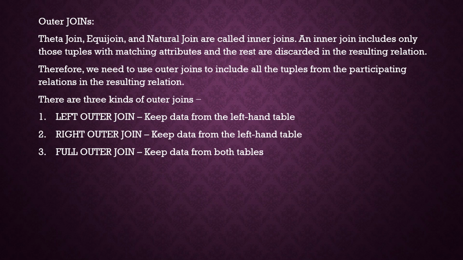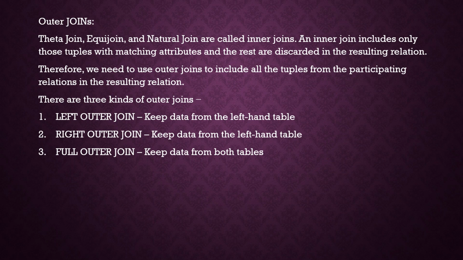There are three kinds of outer joins. Left outer join keeps all the data from the left hand table. For example, suppose you are going to join two tables, R and S. On the left side R is there, on the right side S is there.